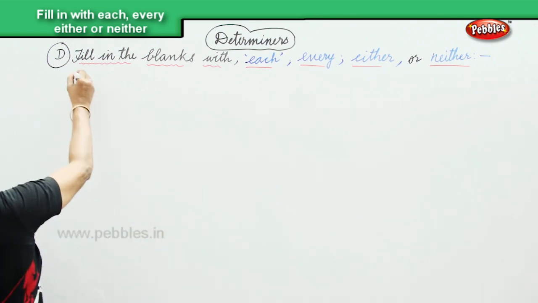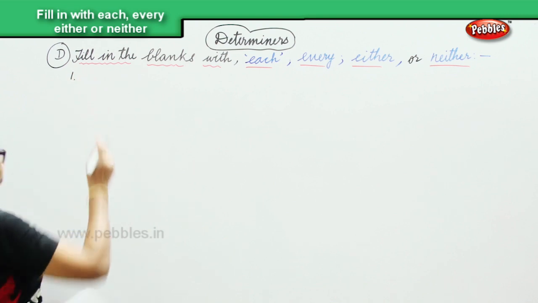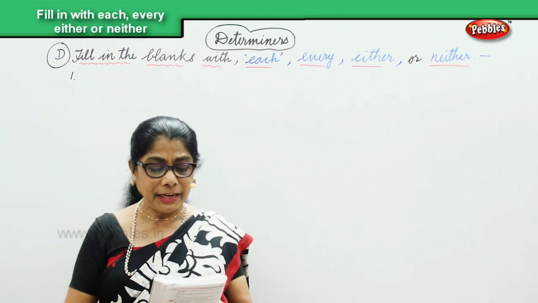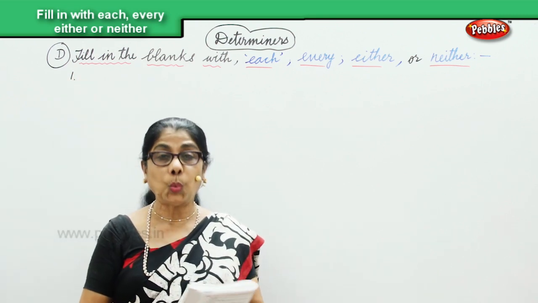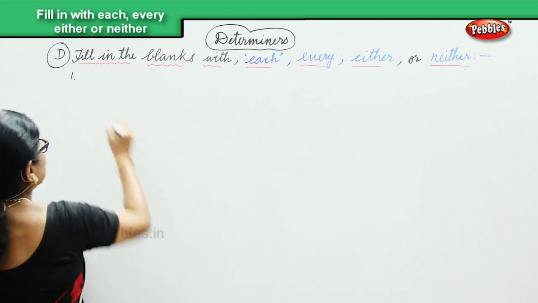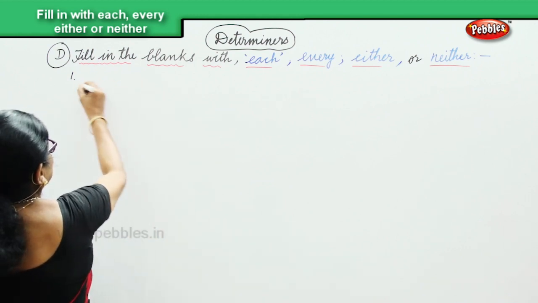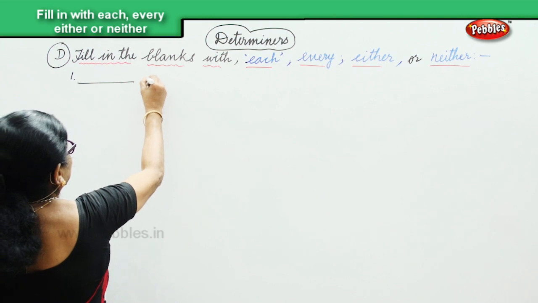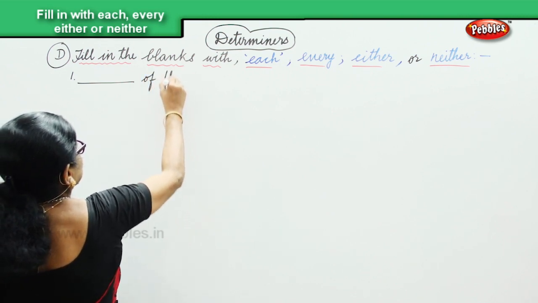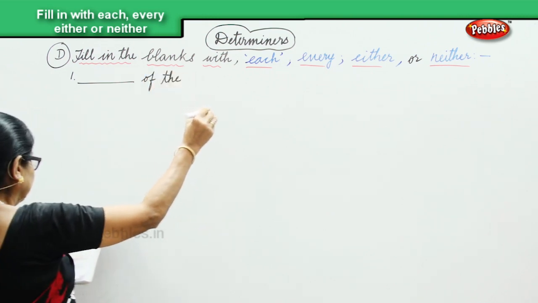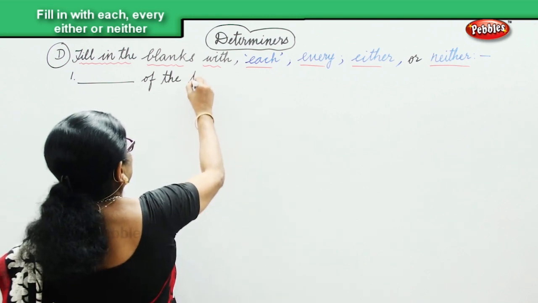The first sentence is, dash of the two boys were found.